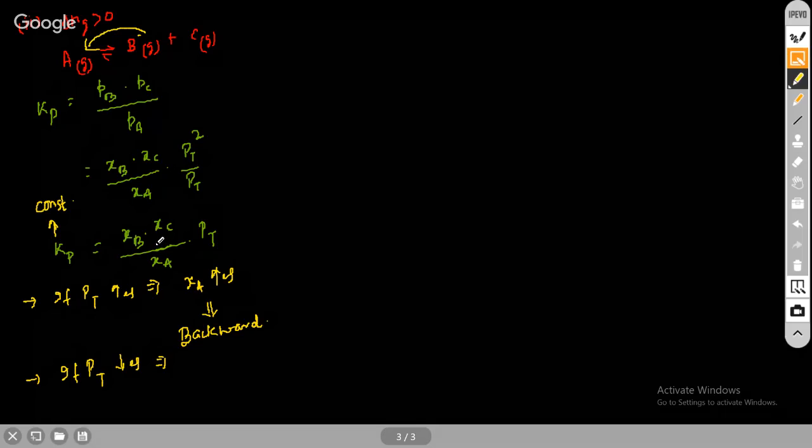Like I wrote, if Pt increases, Xa increases, because we have to maintain the Pt by Xa ratio. So if Pt decreases, then Xa should also decrease. The mole fraction of A will decrease when the reaction goes in the forward direction.